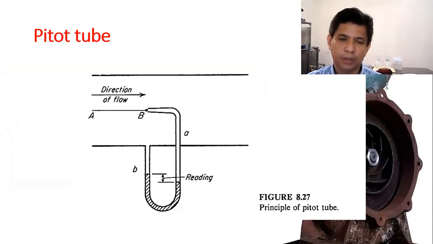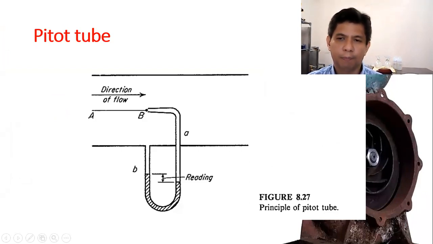Okay, so as you can see, a double liquid manometer is inserted inside a pipe. So it measures the pressure difference on the wall of the pipe right here and on the middle.